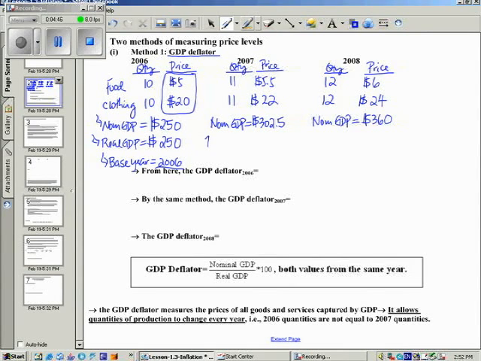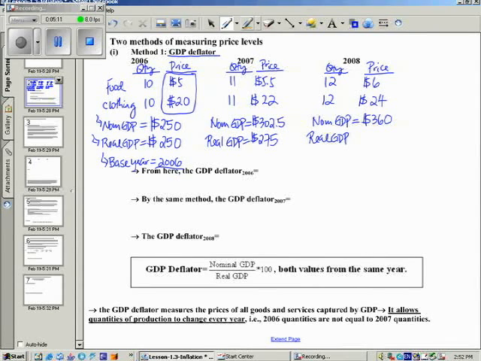Real GDP for 2007, we did this before as well. We're just using $5 times 11 units plus $20 times 11 units. We found this before to be 275. And let's also do this for the year 2008.